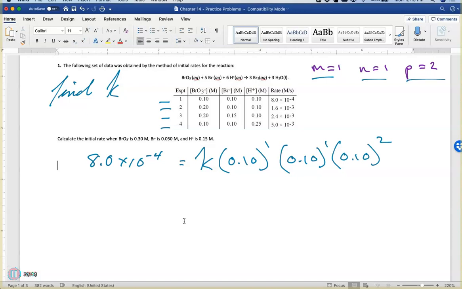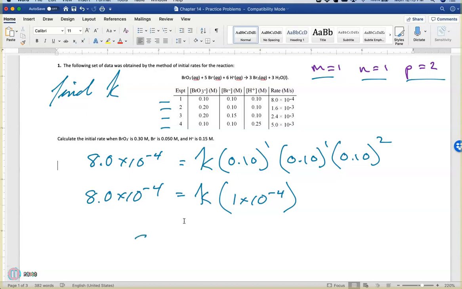So if I do 0.1 times 0.1 times 0.1 squared, what I end up with is 8.0 times 10 to the negative fourth equals K times 1 times 10 to the negative fourth. Got to isolate K, so 8 times 10 raised to the negative fourth divided by 1 times 10 to the negative fourth should give me 8.